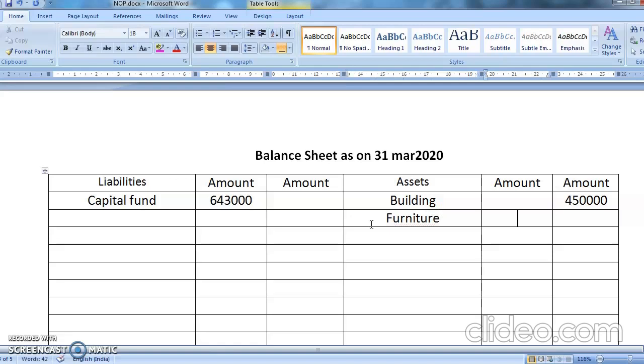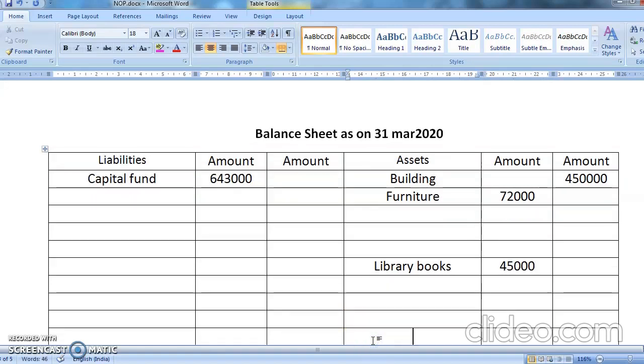Furniture is having an adjustment, so we'll be writing in the inner column 72,000. Then you had library books, again an adjustment, so you'll be writing in the inner column.